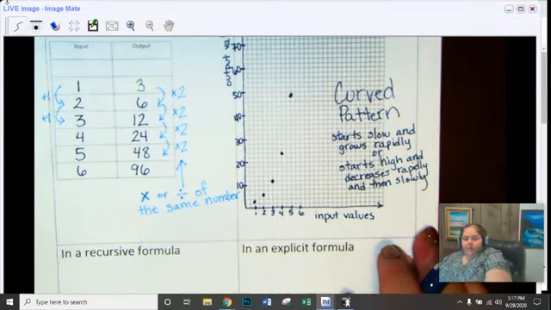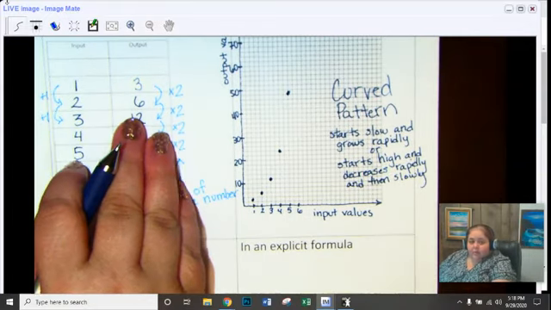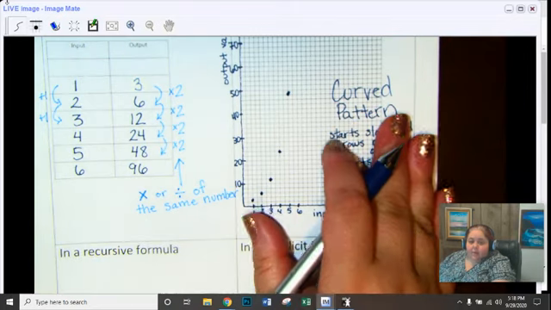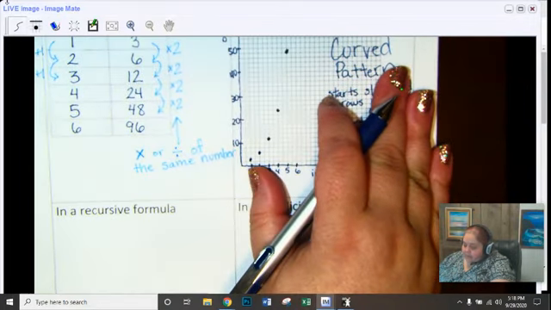Okay, so on a table, you're looking for multiplication or division of the same number. On a graph, you're looking for a curved pattern.